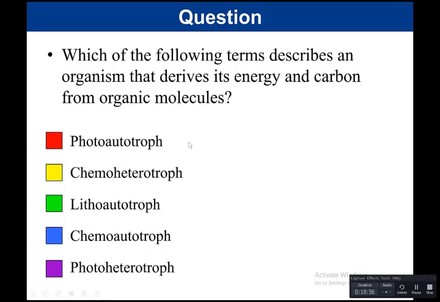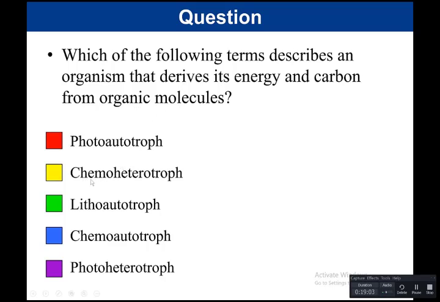So if you said yellow, a chemoheterotroph, you would be correct. Because again, chemo refers to chemicals. Notice I said that it takes in energy from organic molecules. That's energy from chemicals. Hetero refers to how they take in carbon. And notice I said that their carbon is from organic molecules.